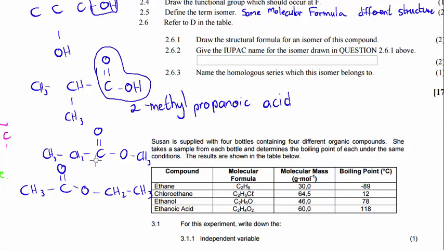Okay? This one, what did I create here? Ester. So this is an ester. And the ester, the carbon that's connected to both is the one that's in the main branch. Always. So this is the main branch. Even though here there's two the same length branches, the carbon connected to the both is the main branch.